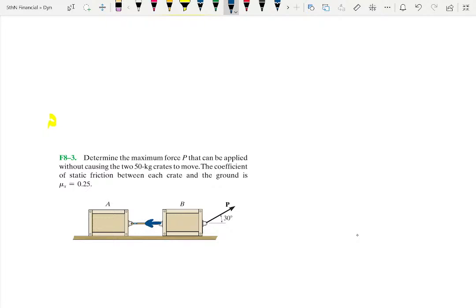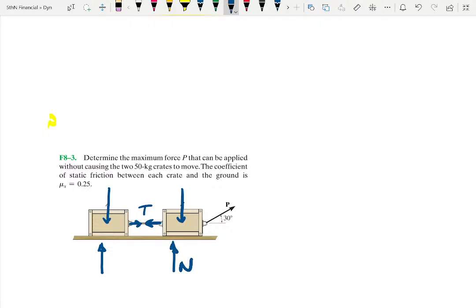So if you do a free body diagram on this first one, you've got this, and you've got this. I'm just going to call it T. Then you're going to have a normal force. I'll put the weight here, and I'm just going to put the normal force here.